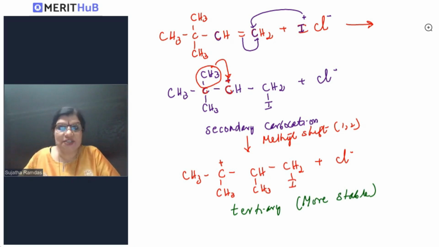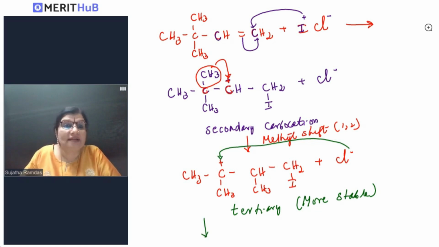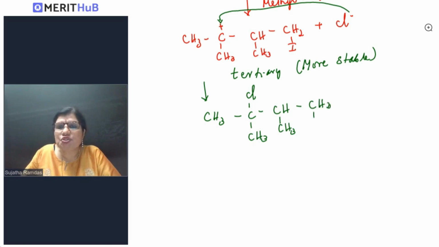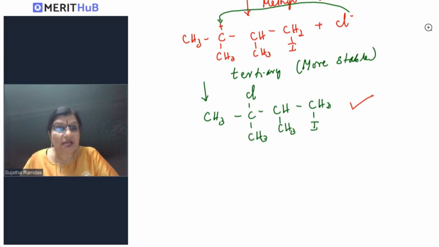So, because of this rearrangement, now the chloride ion will be attracted to this positive charge to give you the final product, the major addition product of this reaction, which is (CH3)2CCl-CH(CH3)-CH2I. This involves a rearrangement from a secondary carbocation to a more stable tertiary carbocation by a 1,2 methyl shift.